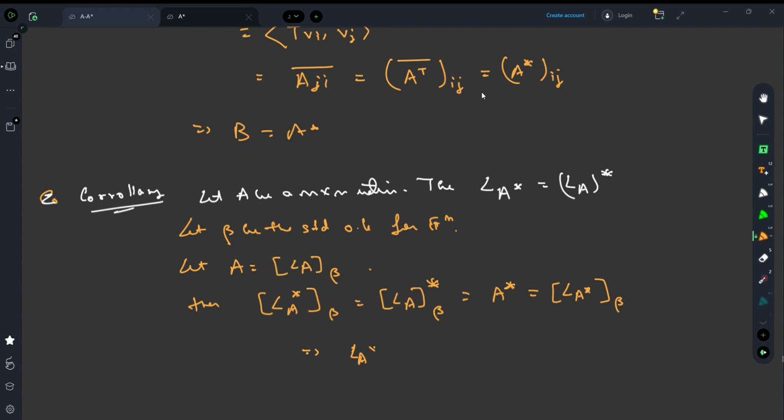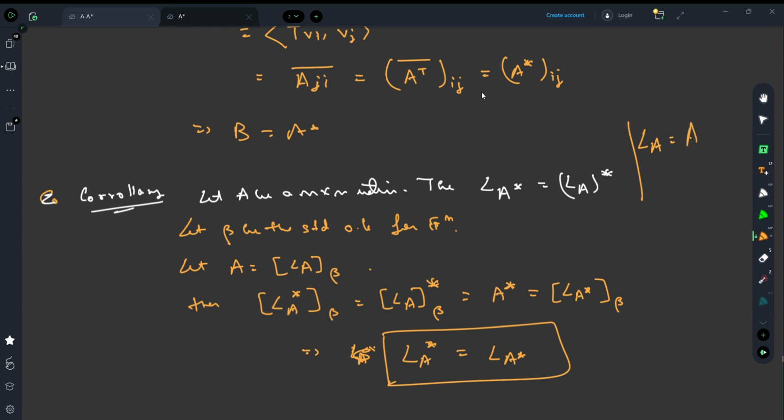That's where the proof ends, right? The matrix of LA star with respect to beta is the same as that of the adjoint of LA with respect to beta. Hence, we know that the adjoint of LA is the same as LA star.